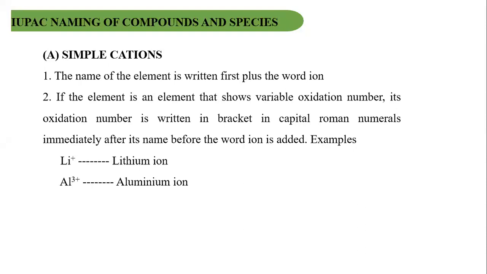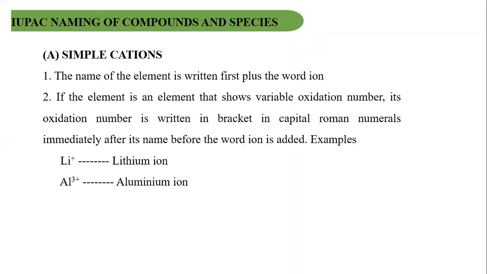If the element is an element that shows variable oxidation state, or variable oxidation number (I told you before, oxidation state is the same as oxidation number), its oxidation number is written in brackets in capital Roman numerals immediately after its name, before the word ion is added.